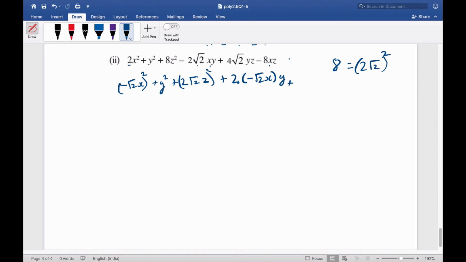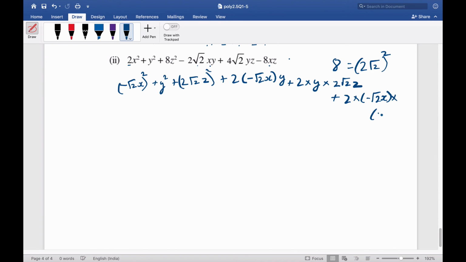plus 2bc, so 2 into b, which is y, into c, which is my 2√2z, plus 2ac, so 2 into a, which is −√2x, into my c, which is again 2√2z.